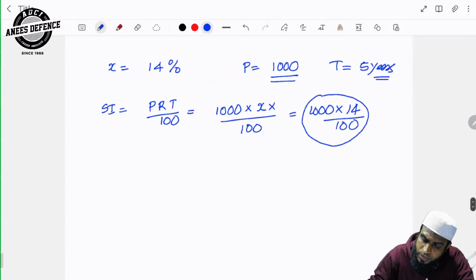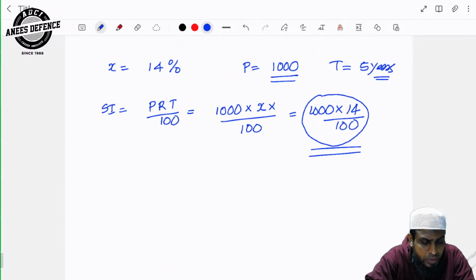Now we are doing it for the second year. The rate of interest increases by 0.5% every year annum, and the interest is calculated as simple interest. This is for the first year.